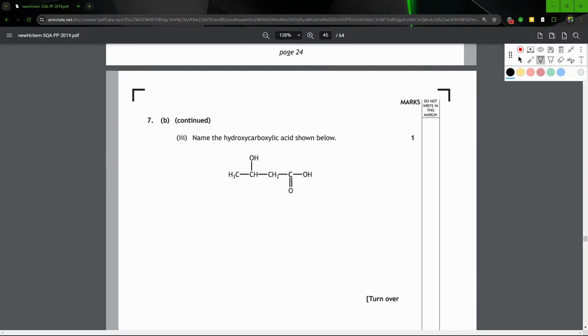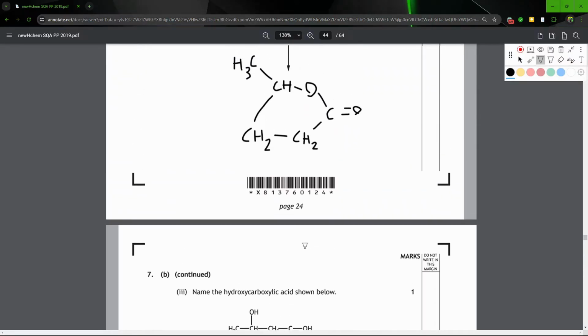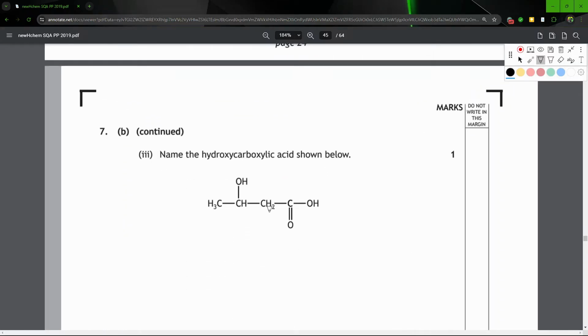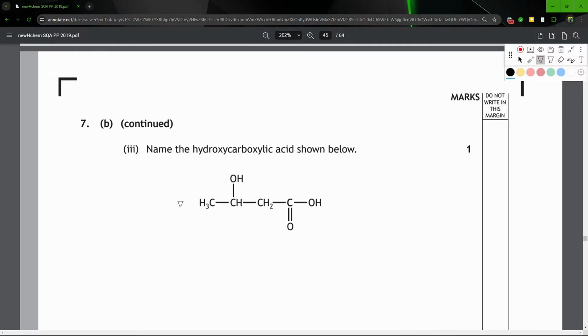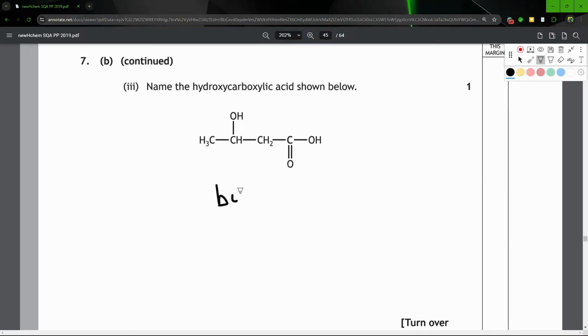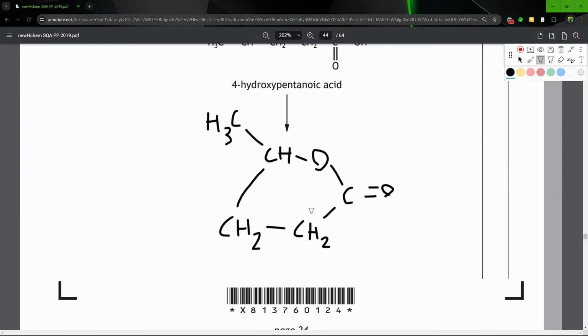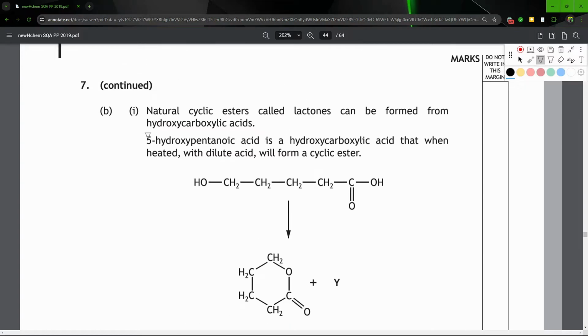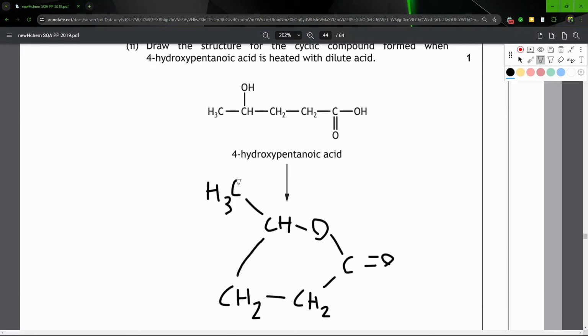So name the hydroxycarboxylic acid shown below. Oh, kill me now. So let's just go and see what we get. Going through here, I noticed there's 4 carbon atoms, so it's probably going to be butane. I'm just going to write butanoic because notice all these are just straight linear molecules, and the number is where this hydroxy group is going to be put in.